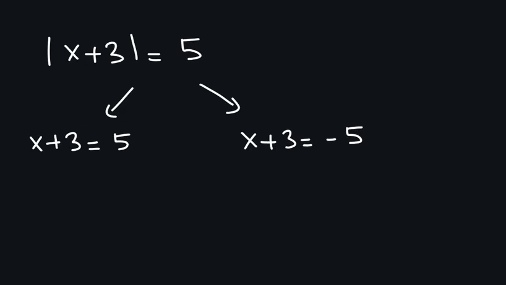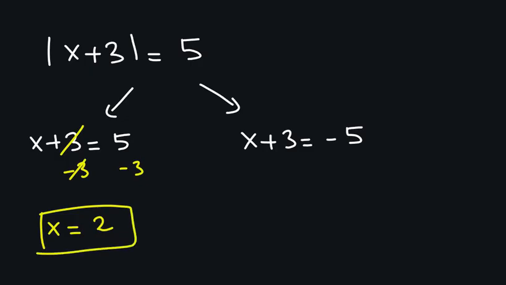Let's start with the first possibility. If x plus 3 equals 5, to isolate x, we need to subtract 3 from both sides. On the left side, +3 and -3 cancel out. So I have x equals 5 minus 3, which is 2. So x is 2 as the first option.